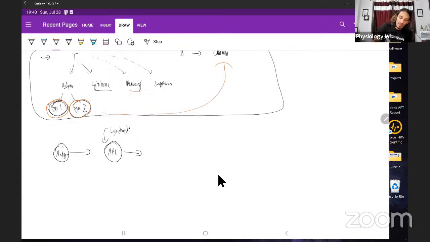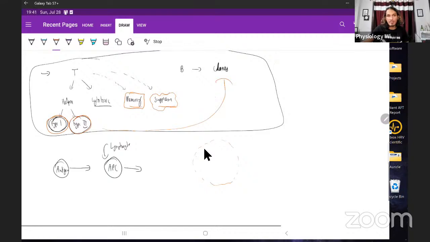And what do memory cells and suppressor cells do? Memory cells help form the clone for selection later. Your suppressor cells form an area around this immune response to make sure that a widespread response is not happening. So these are all different ways by which your lymphocytes help.